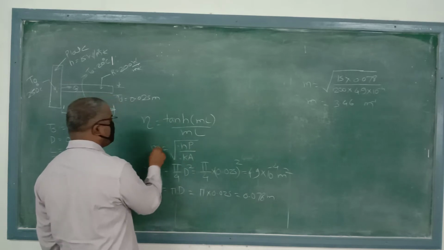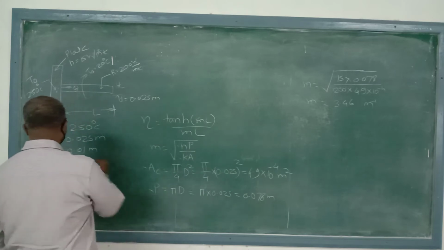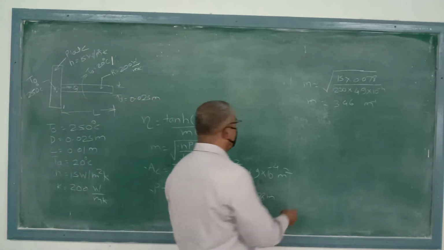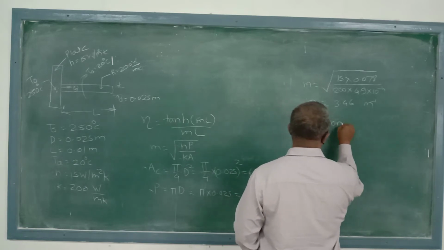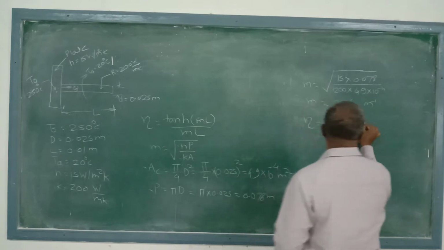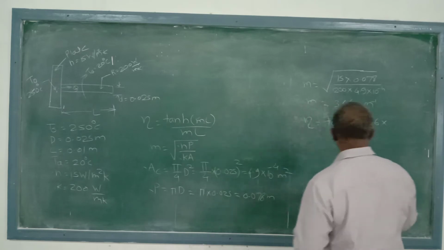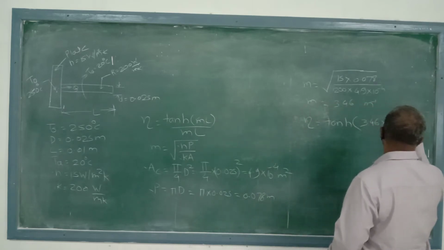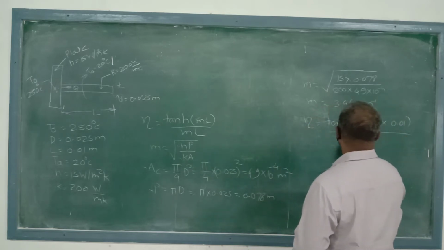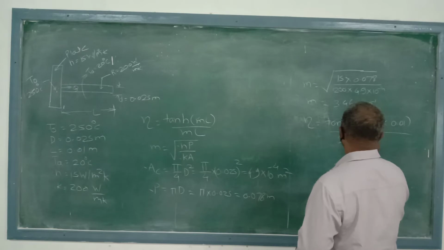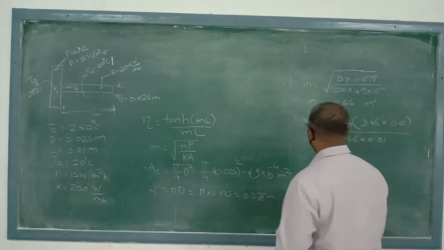Now we are going to substitute this value in this equation. So in this equation, value of m we have found, length they have mentioned in the problem. So efficiency is equal to tan hyperbolic of 3.46 into length 0.01 upon 3.46 into 0.01.